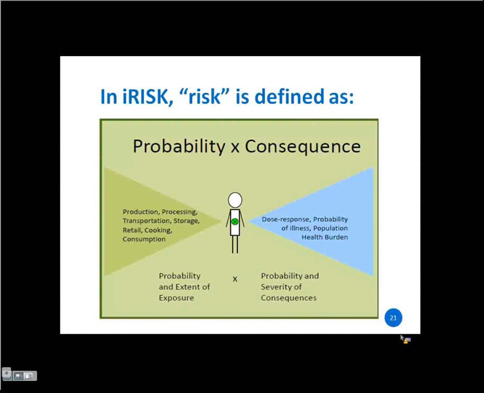Consequence, on the other hand, is affected by dose-response relationship for the hazard, probability of illness when exposure occurs, and population health effect. When the two sides merge together, we have risk estimate to the consumer. And the beauty of iRISK, we think, is that the tool is designed to do the merging for us.